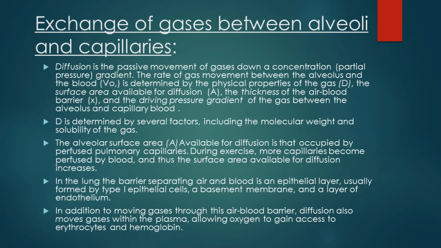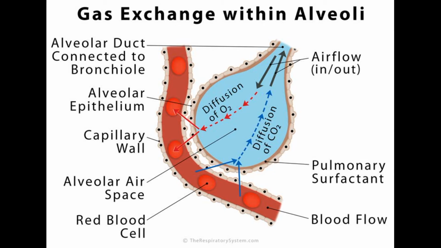Alveolar surface area refers to the surface area available for gas exchange, and that surface area is provided by pulmonary capillaries through which blood is flowing. So we can say that the alveolar surface area available for diffusion is the surface area occupied by perfused pulmonary capillaries.